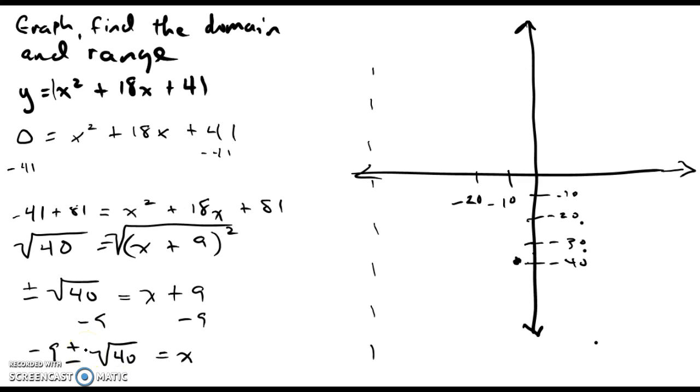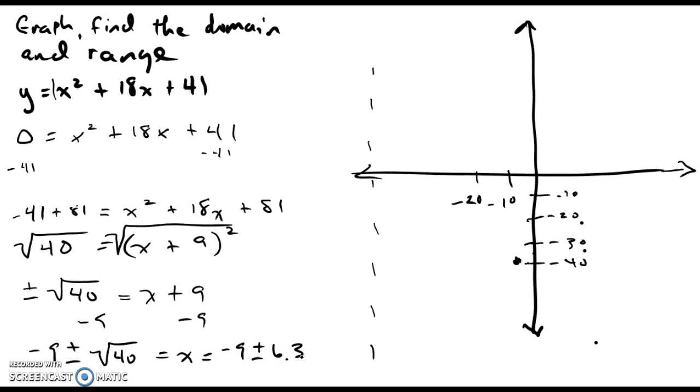But to graph it, to find the x-intercepts, we have to change it to a decimal because we really don't know what the value of the square root of 40 is. So the square root of 40 is 6.3, rounded to the tenths. Negative 9 plus or minus 6.3.